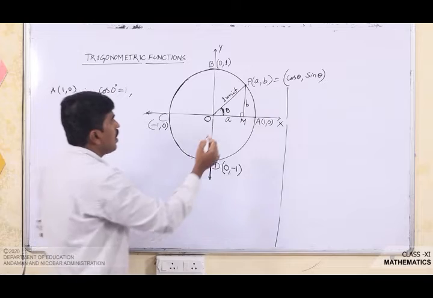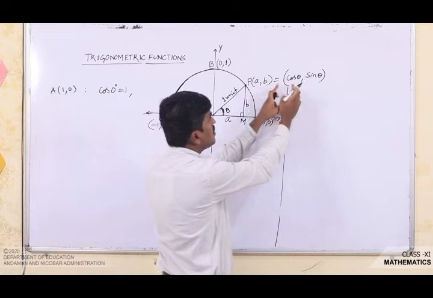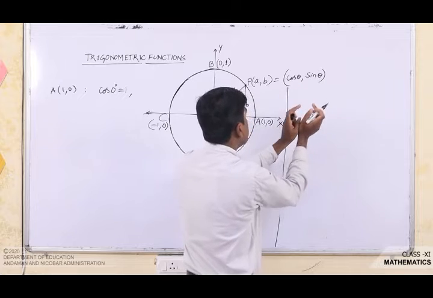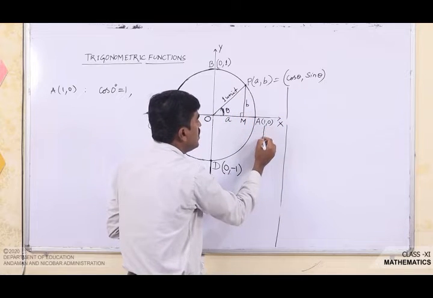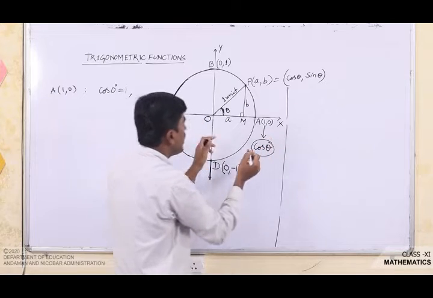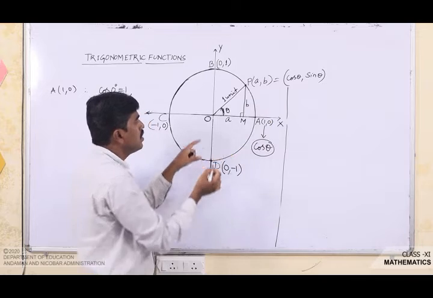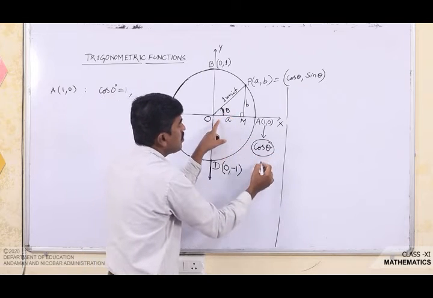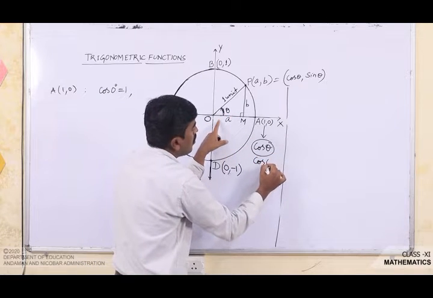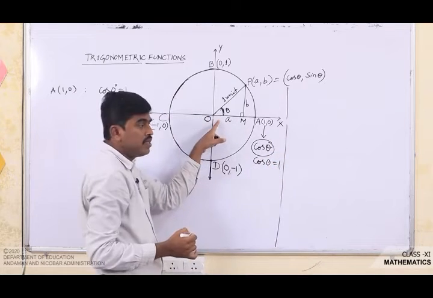You see, I told you the coordinates of the point A comma B can be represented as cos theta comma sin theta. So here this 1 is represented by cos theta. So if we take the point A 1, 0, angle theta is 0. So we can write cos 0 degree or 0 radian is equal to 1.